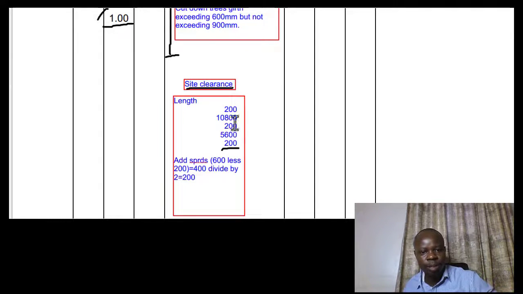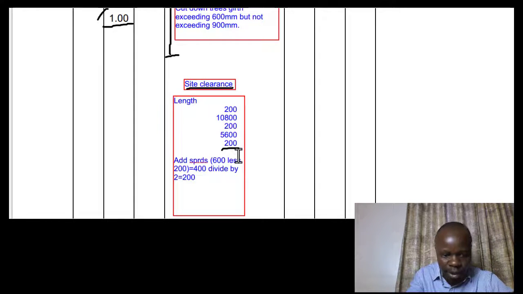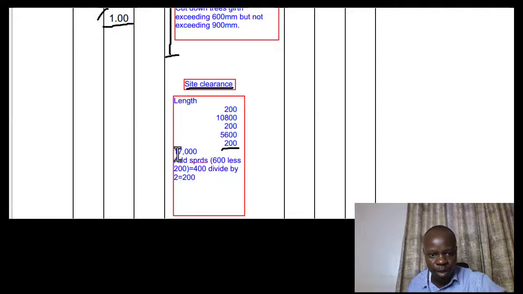That brings us to 17,000. So 17,000 becomes the length without the footing. We haven't added the footing.